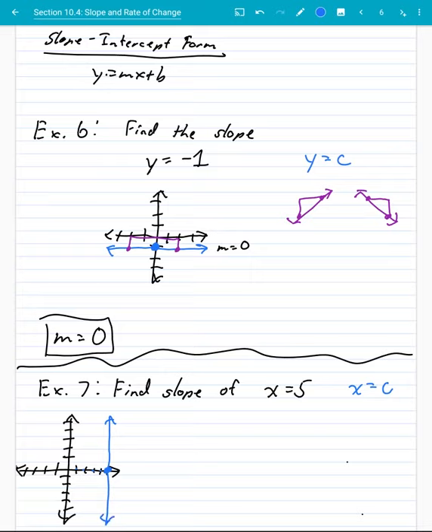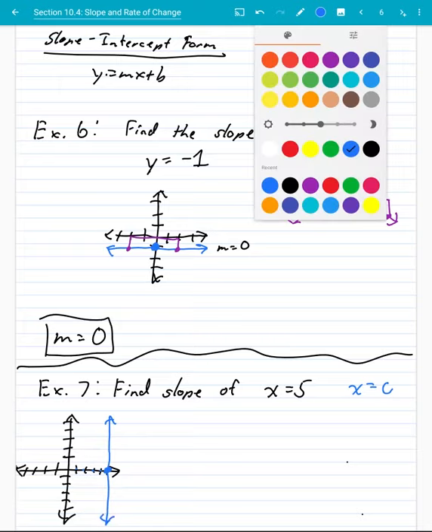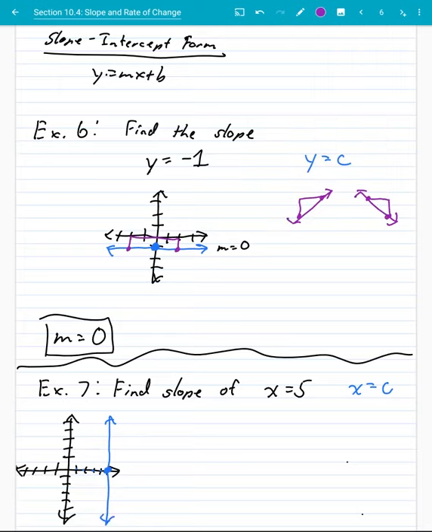So a vertical line means there's an undefined slope, because rise over run says there has to be some kind of rise and run change. On the top one, there was a horizontal change, but no vertical change.